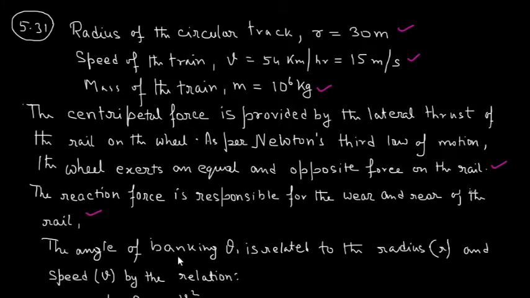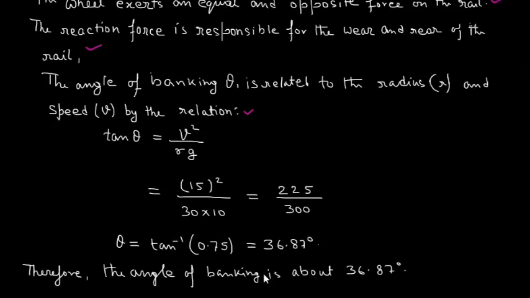The angle of banking theta is related to the radius r and the speed v by the relation tan theta is equal to v square upon rg.